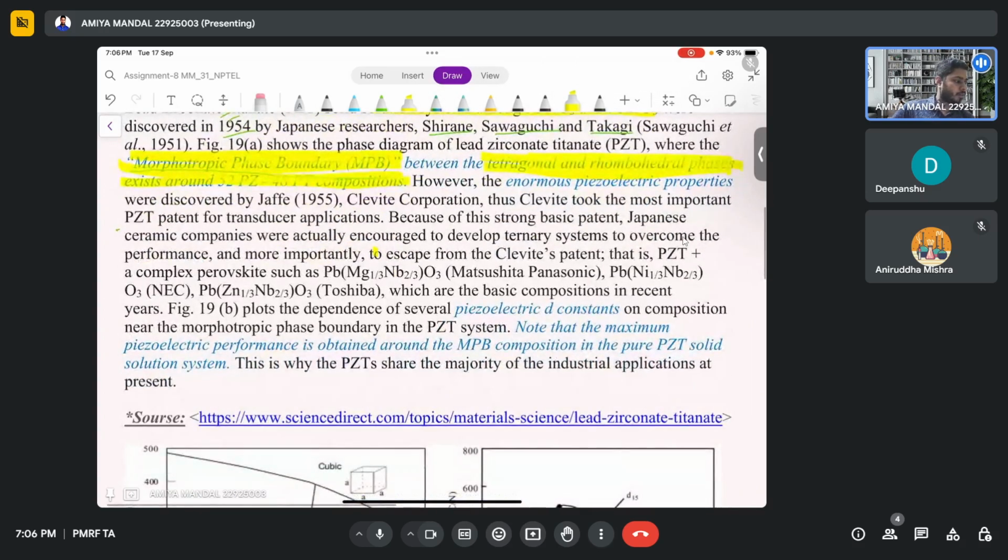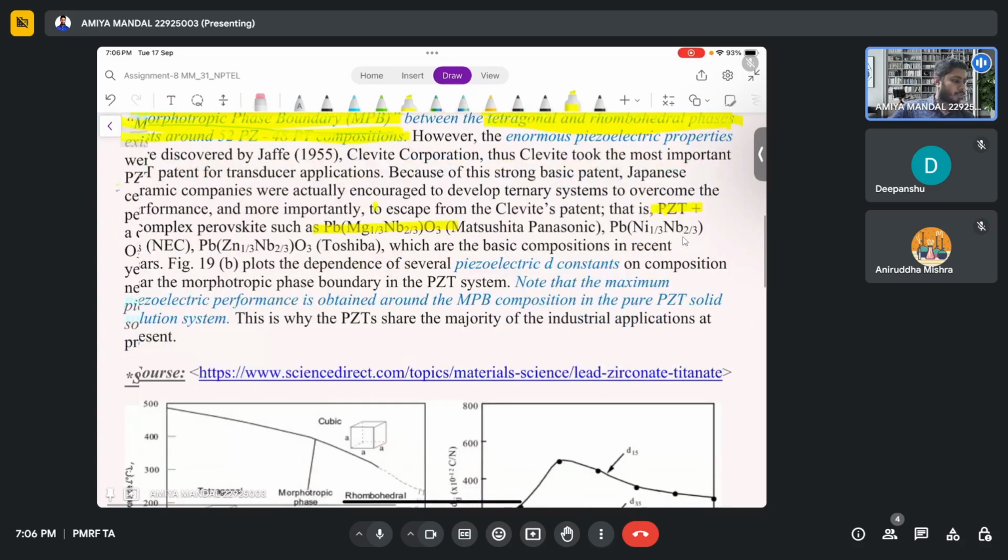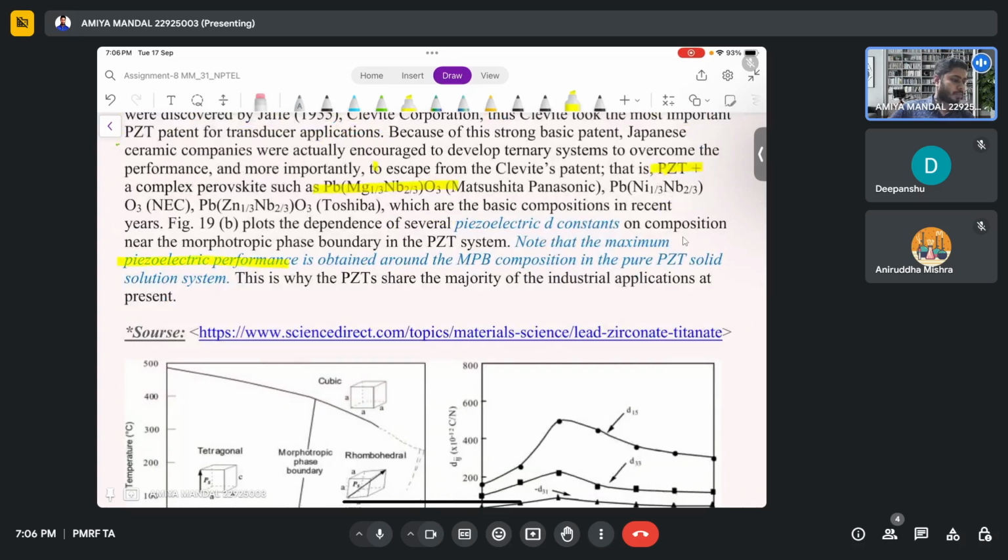We can note that the maximization of piezoelectric performance is obtained around the morphotropic phase boundary composition for the pure PZT solid solution system. This is why PZTs share the majority of industrial applications at present.